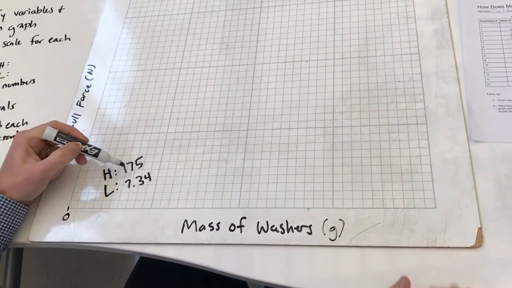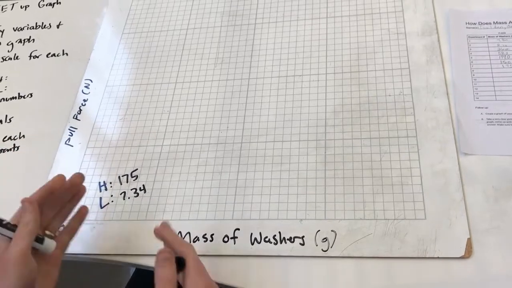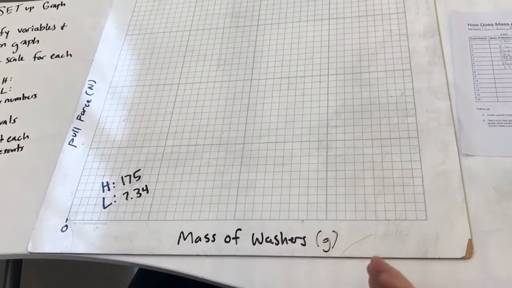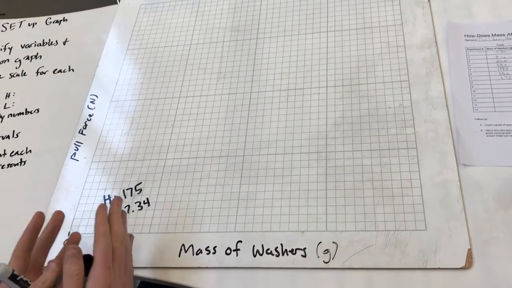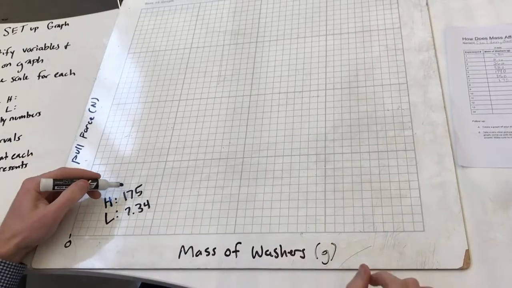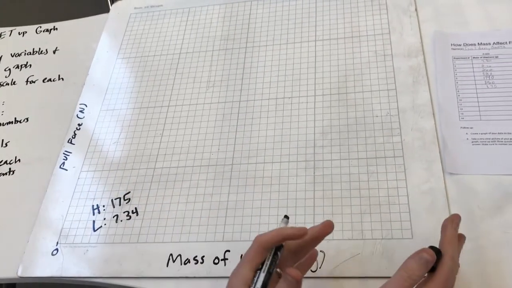Then my high number is 175, which actually is kind of a friendly number, but when I look at my graph, I notice that there are 4 distinct sections. And I know that 200 divided by 4 fits into 4 sections really nicely. So I'm going to use 200 as my high number for this range of data because it breaks down into 4 nice sections.